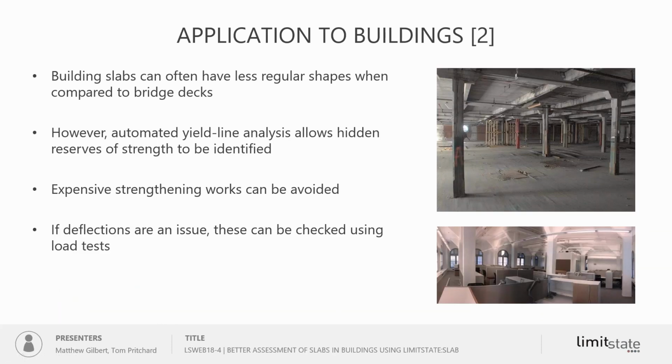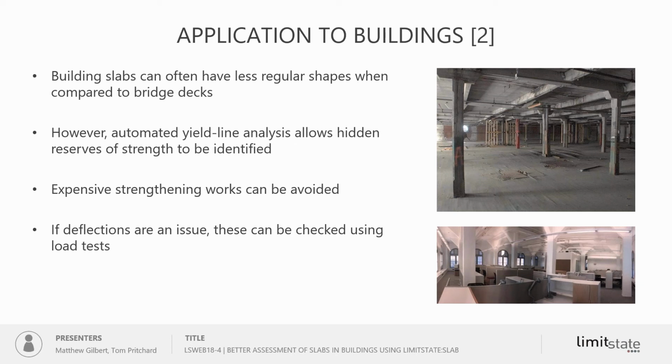In terms of applications to assessment, say you've got an existing building where you need to design potential strengthening for reuse, or you just want to check that an existing building is fit for a different purpose, then the yield line method really comes in extremely handy.